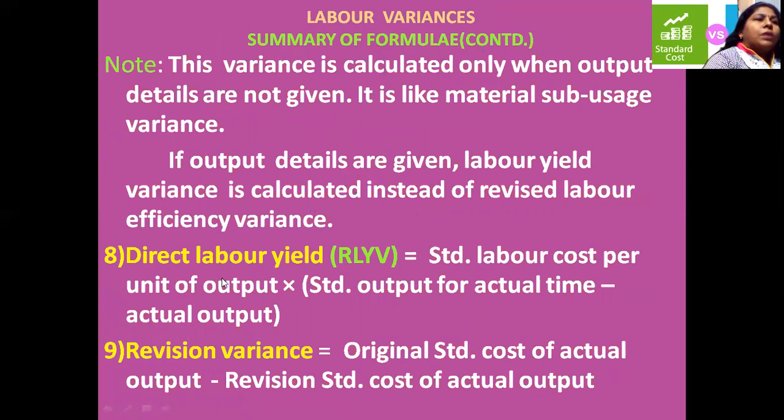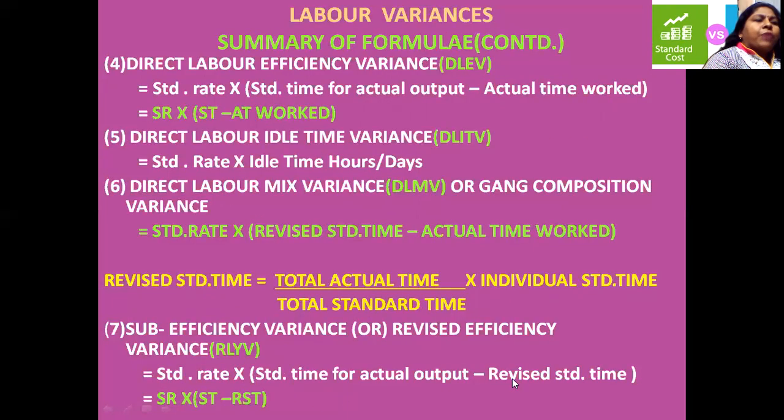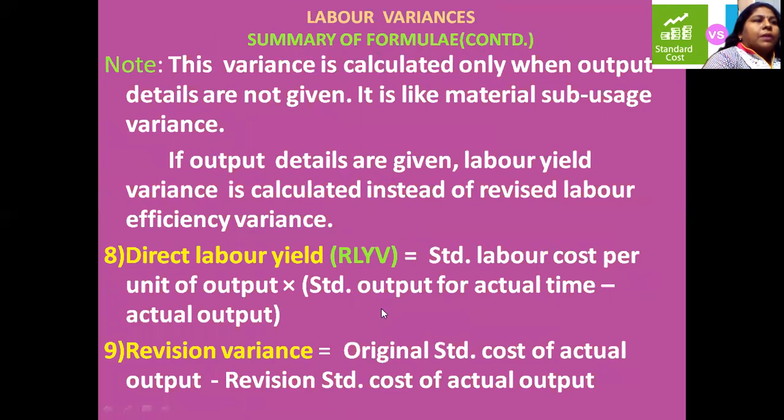This variance is calculated only when output details are not given. It is like material sub-usage variance. If output details are given, the labor yield variance is calculated instead of the revised labor efficiency variance.